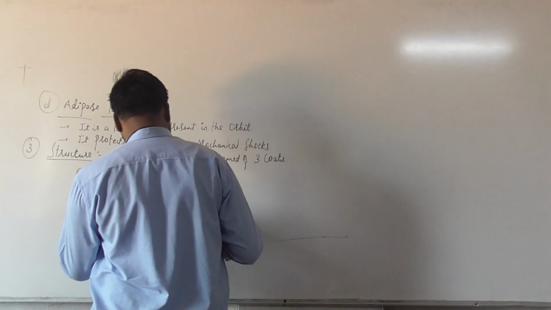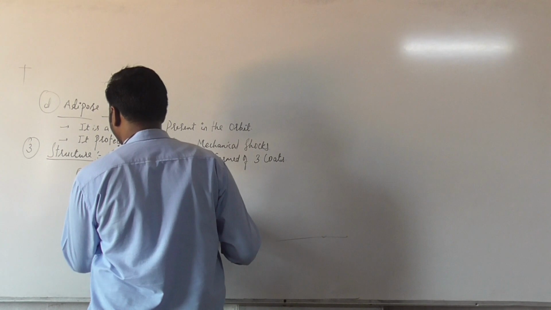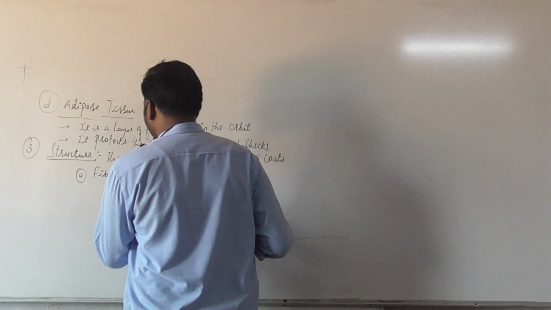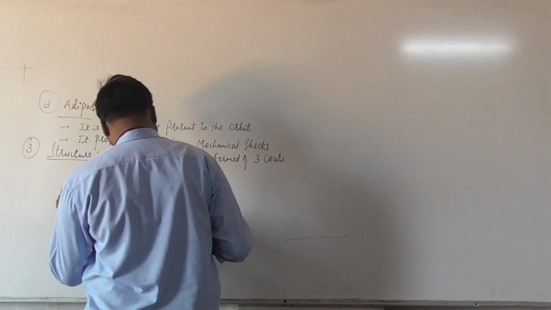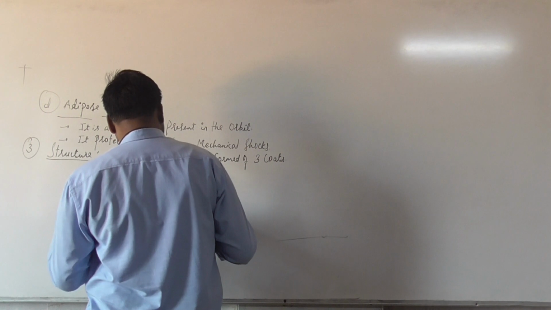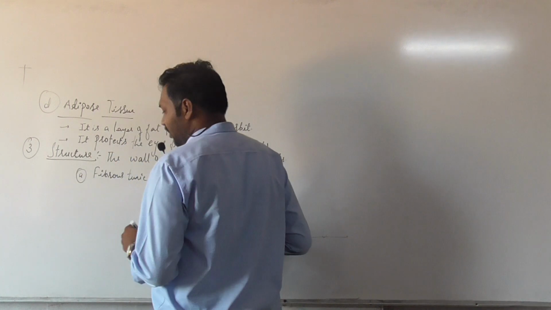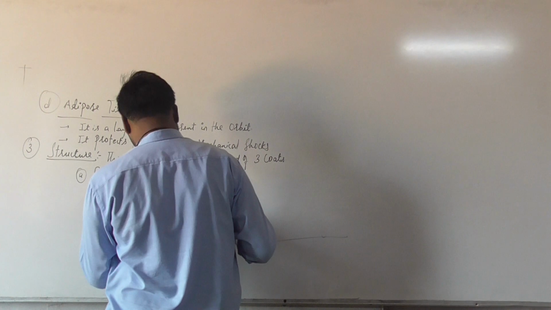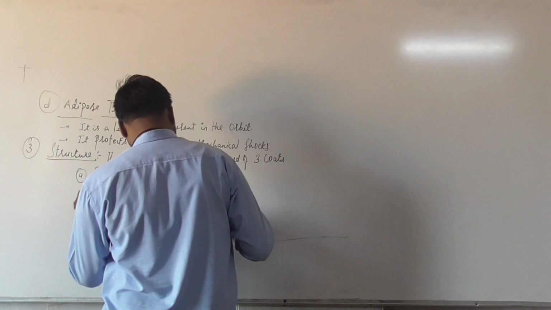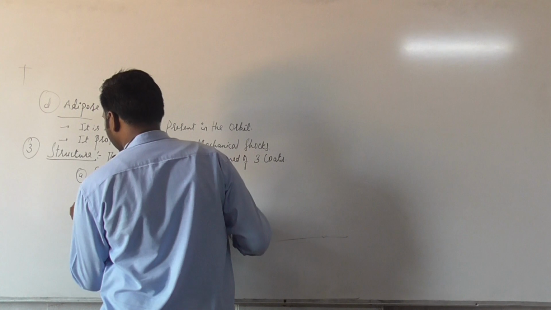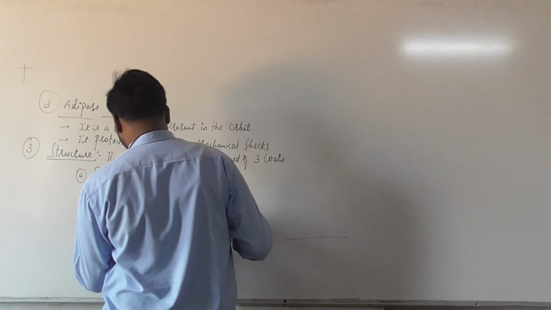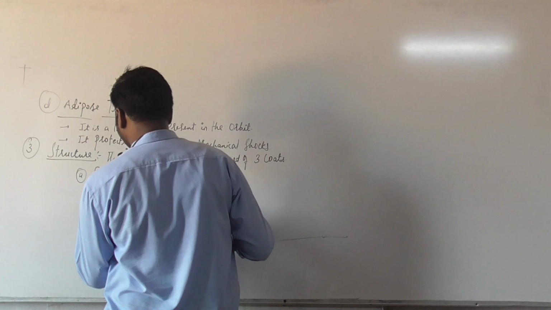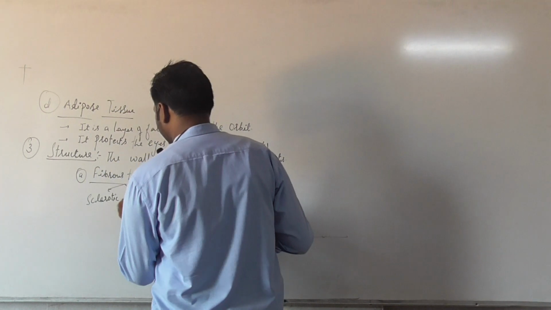the fibrous tunic. This fibrous tunic is formed of two unequal parts, that is the sclerotic and another one is the cornea.